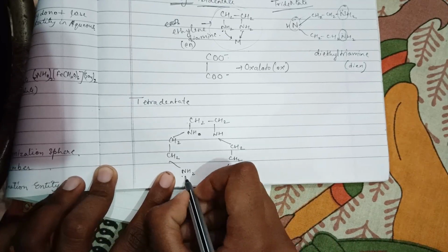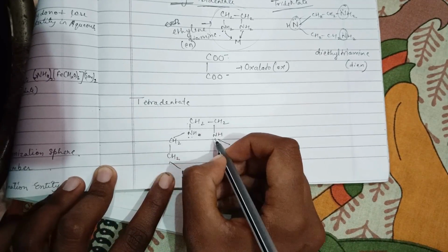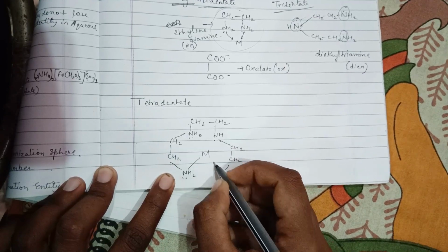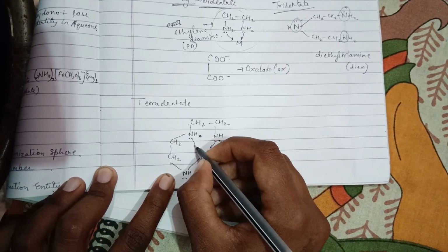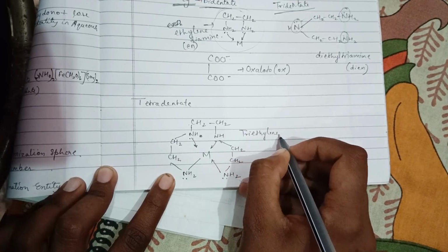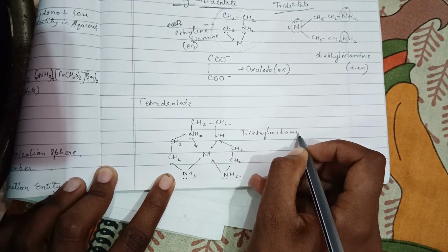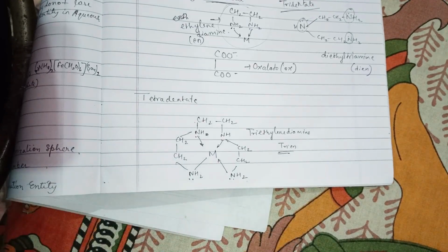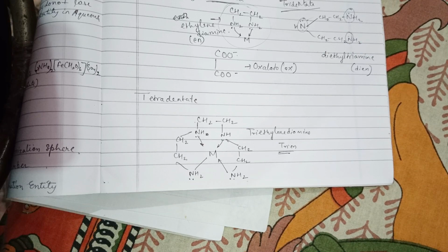So 1, 2, 3, and 4. In such a way, it can increase its chain, and this is known as triethylenetetramine, trien. Similarly, pentadentate and hexadentate ligands can also be found.